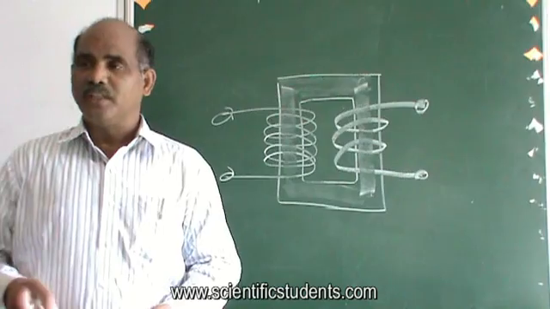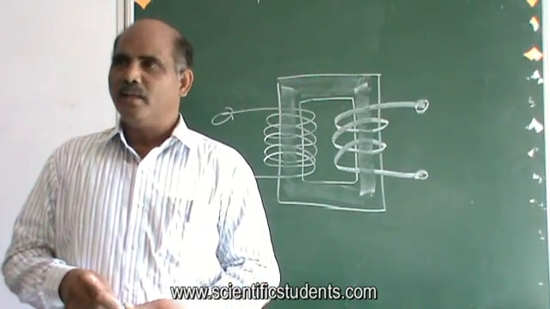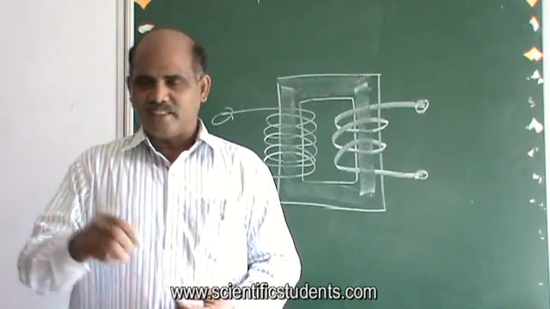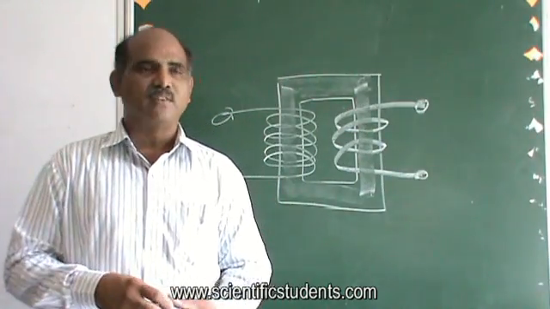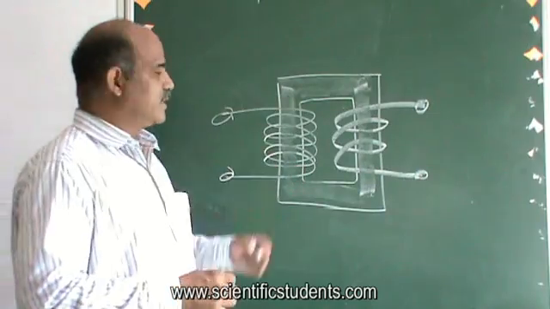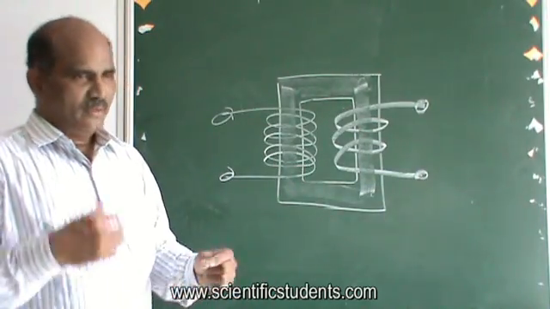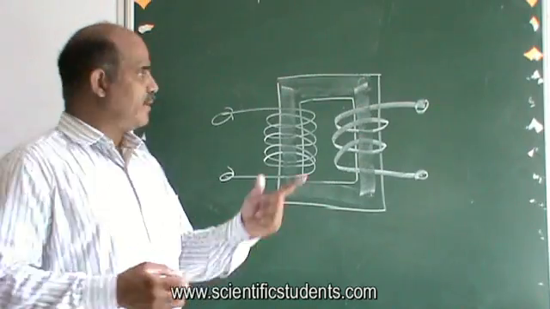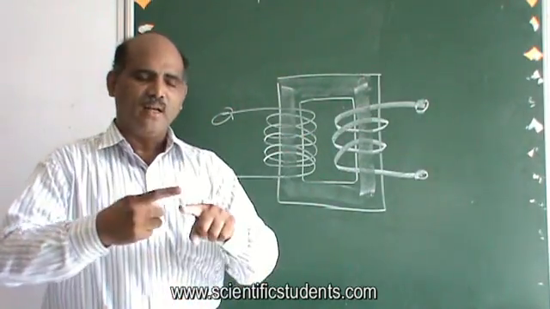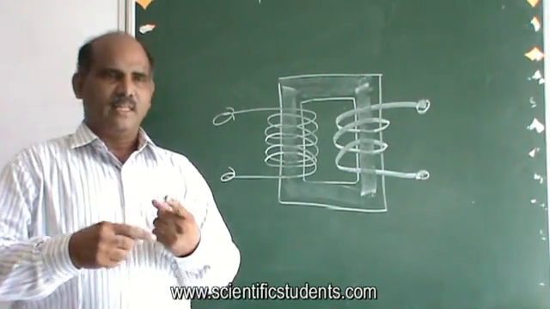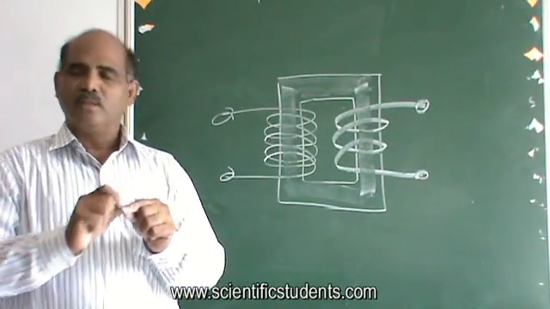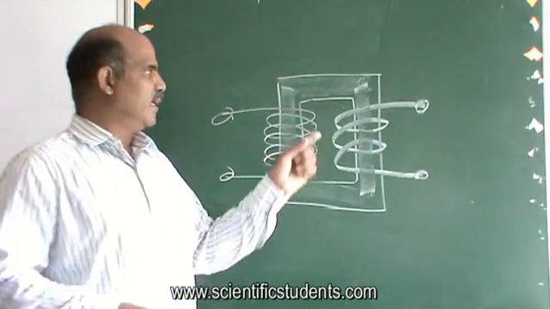The thickness of the insulation is very low, but even then it works as insulation, like the plastic insulation on a cable. Similarly, this wire has enamel insulation. Whenever we want to solder these wires, we have to clean the copper, removing the enamel, and then you can solder.